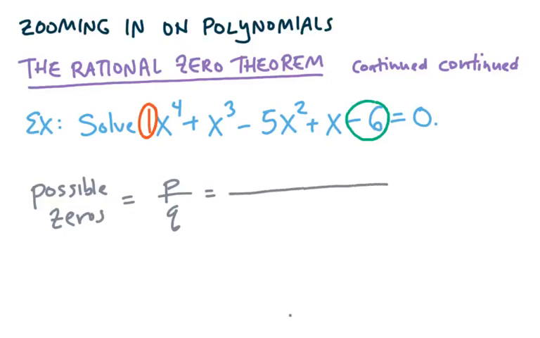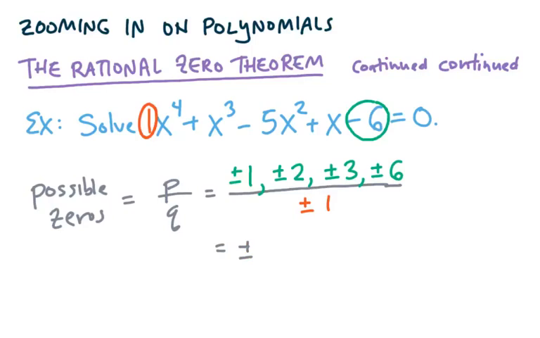For -6, thinking about factors, we could have plus or minus 1, plus or minus 2, plus or minus 3, plus or minus 6. So those would be the factors of -6. In the denominator, not too bad, factors of 1, just plus or minus 1. So, of course, dividing the numerator by plus or minus 1 really doesn't change anything.